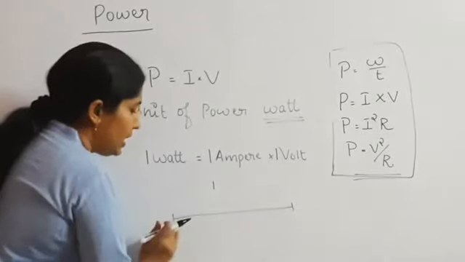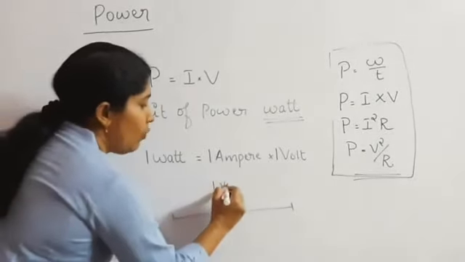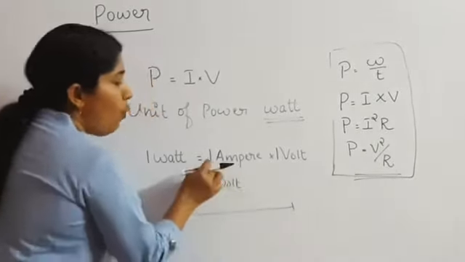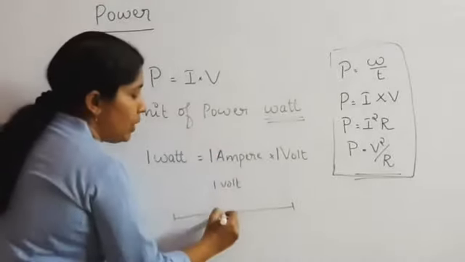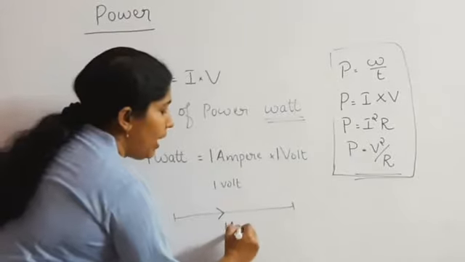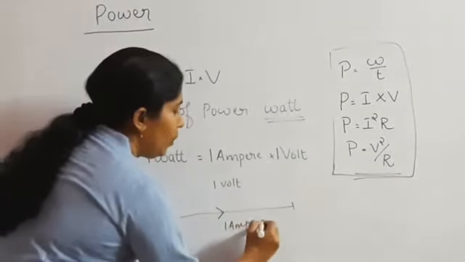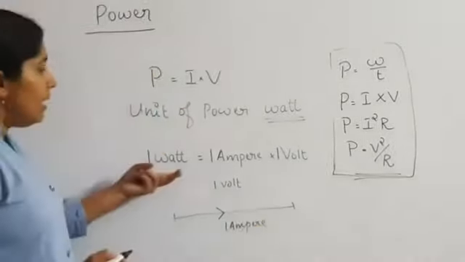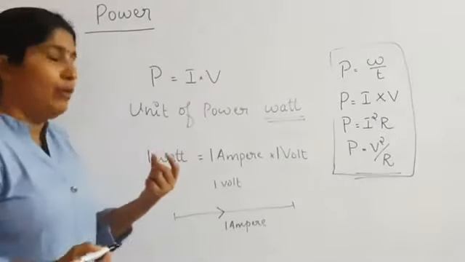The potential difference across the ends of this conductor is 1 volt, and the current flowing through this conductor is equal to 1 ampere. This is the definition of 1 watt.